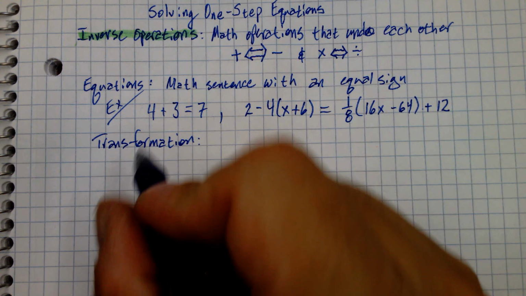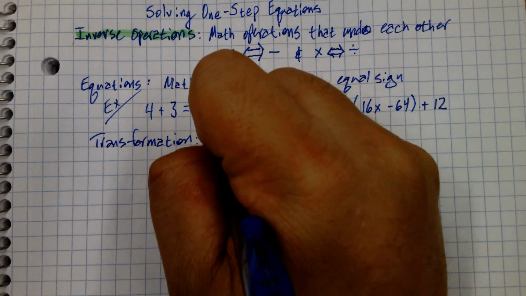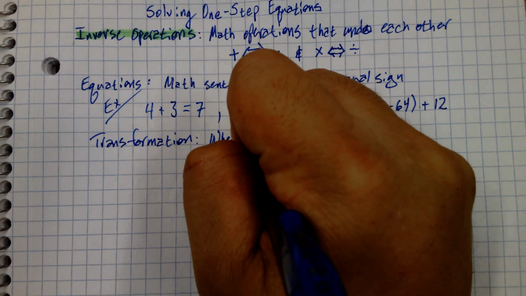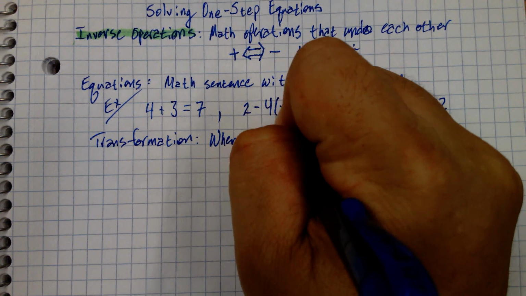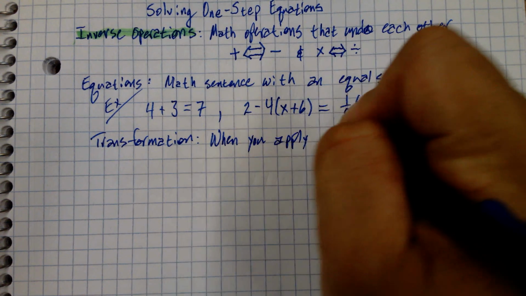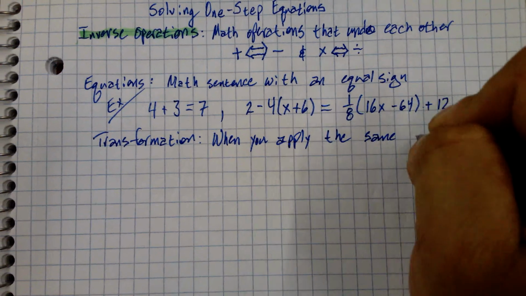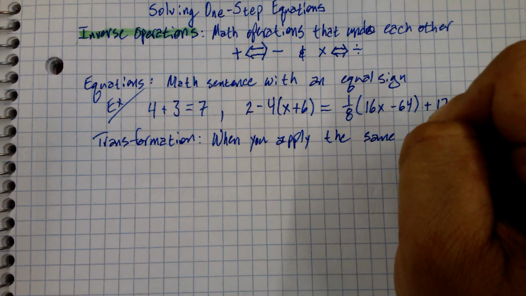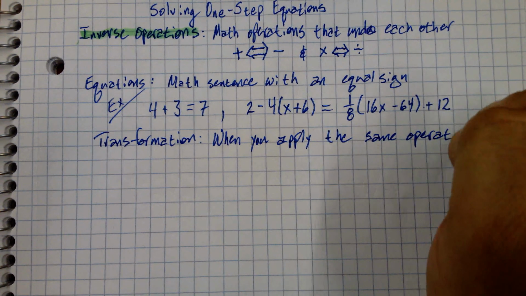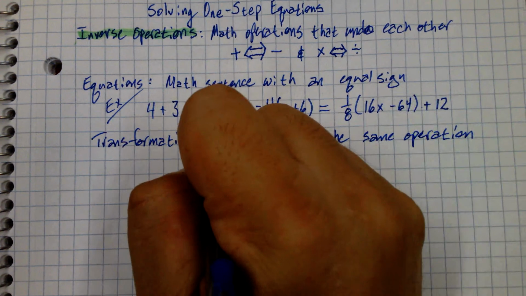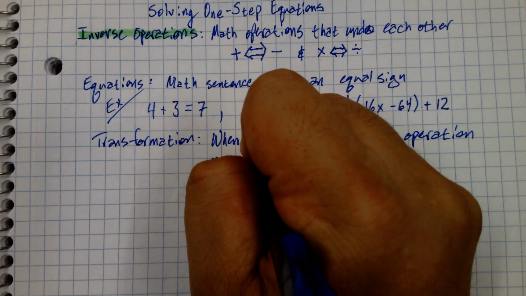It's basically when you apply the same operation on both sides of an equation.